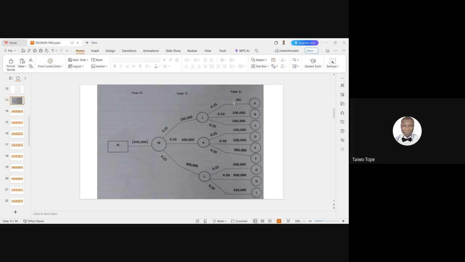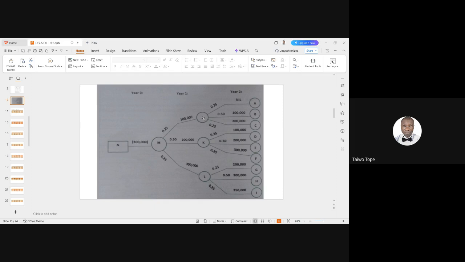Now, let's come back to our decision tree. What leads to A, B, and C? Is this chance J, right? Yes. Now, what will be your expected net present value based on this point, J?